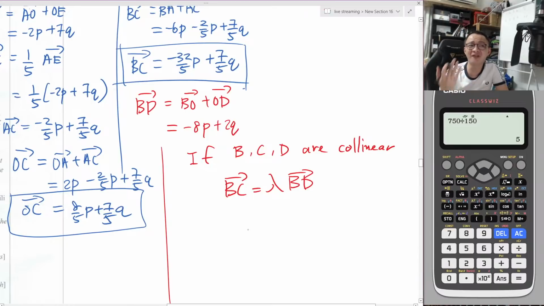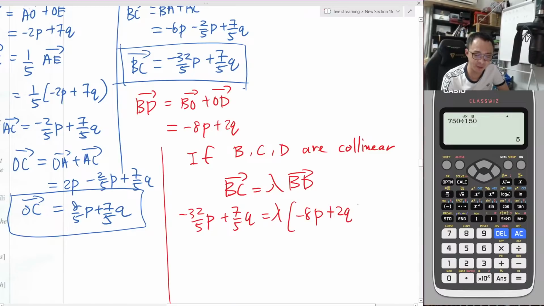If they give me different values of lambda, then they are not collinear. Let's do it out. So negative 32 over 5 P plus 7 over 5 Q equals lambda times negative 8P plus 2Q. So this one is negative 8 lambda P plus 2 lambda Q equals to this thing.